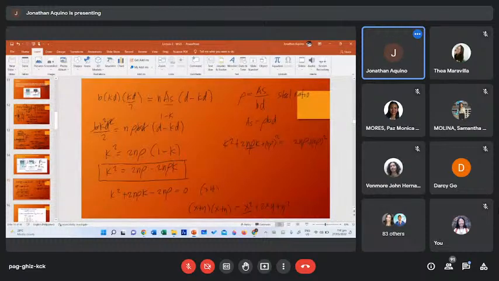Okay? So just simply k plus n rho squared is equal to 2n rho plus n rho squared.